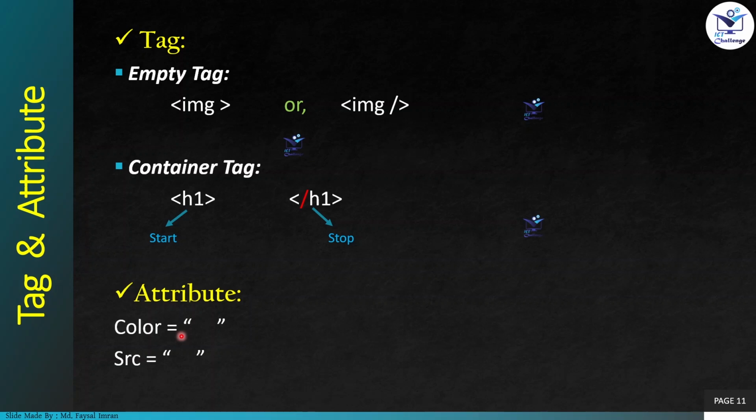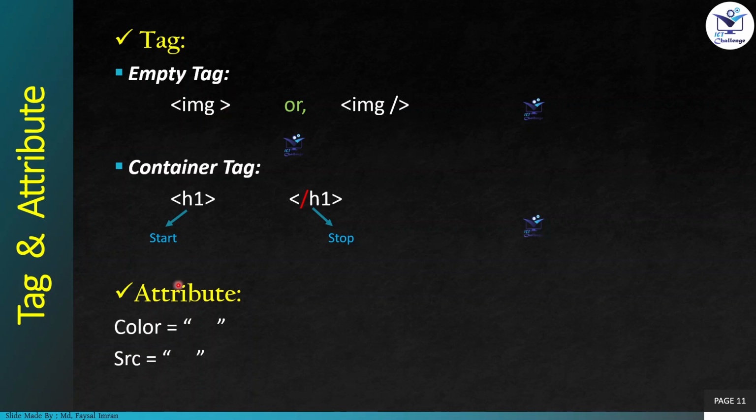How do you understand or how do you know this is an attribute? After the color you have the equal and double quotation marks, and this attribute also contains some elements, and inside of this double quotation you can place the element of this color. Okay, so we also have this src attribute. Src indicates source. So source is a kind of attribute which can work inside of an img tag, for this image tag.